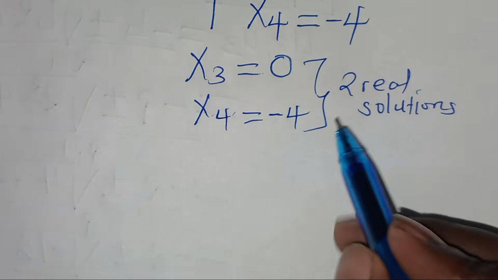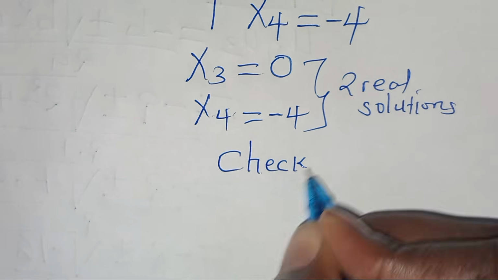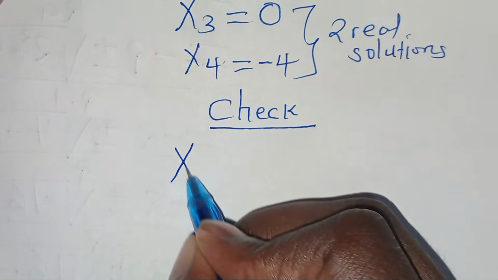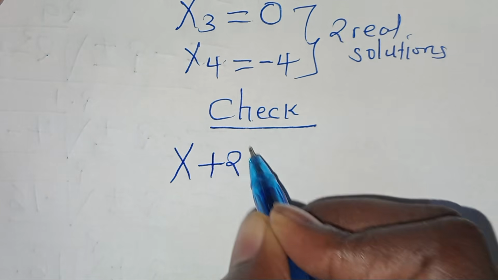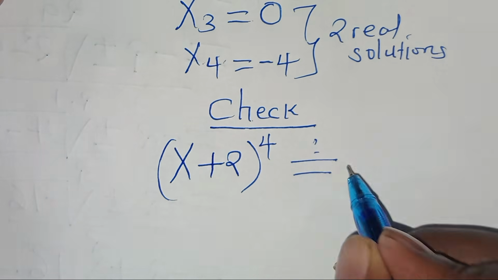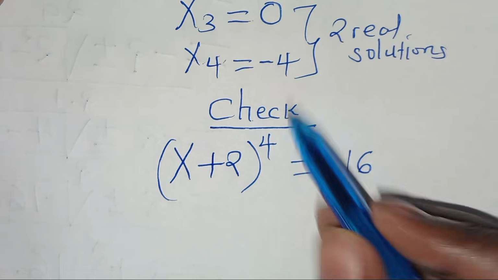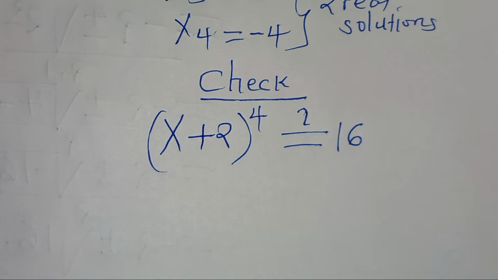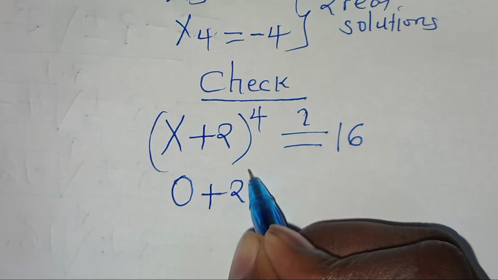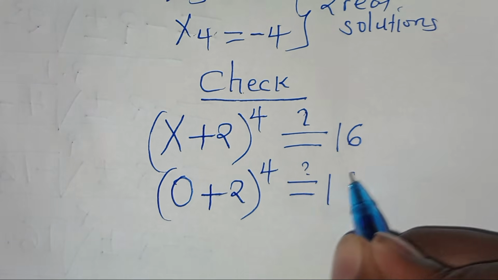Now let's verify that these two real solutions satisfy the equation. If you recall, we have (x + 2)^4, which should give us a value of 16. So let's start with x3, which is equal to 0. We have (0 + 2)^4, which should give us 16.